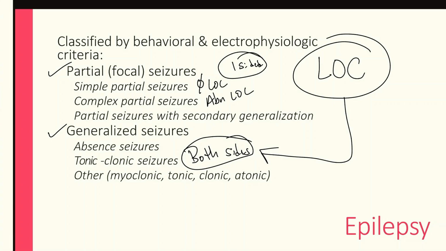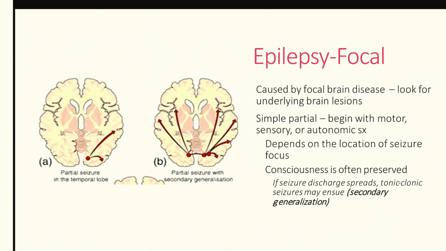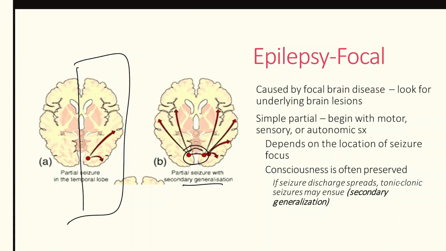As we go through these seizures, you'll see some lose consciousness, some have abnormal, some don't. And that helps you from there. So again, partial seizures stay on one side of the brain. A partial seizure can also generalize secondarily, where it jumps to the other side of the brain.